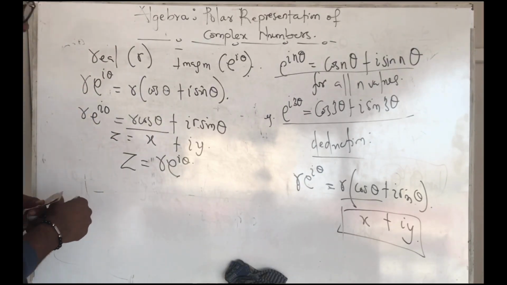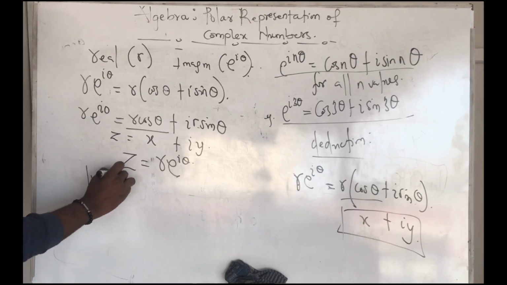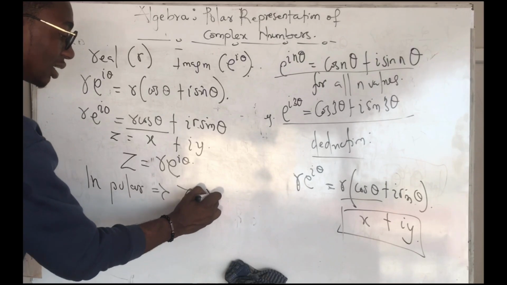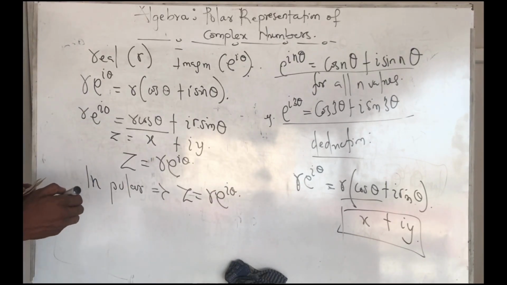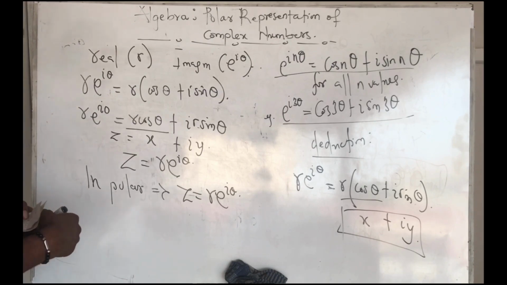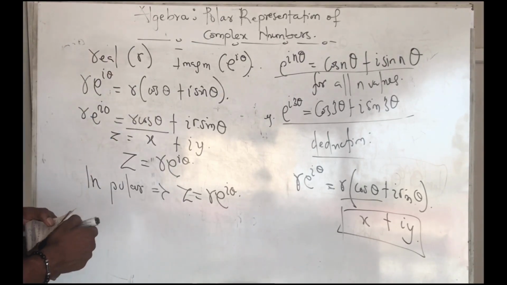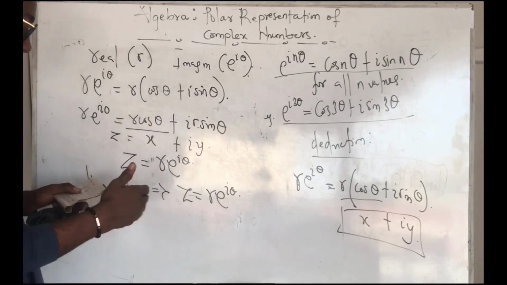So now, in polar form, a complex number is represented as z equals r e to the i theta. When you have it represented this way, you have to identify the modulus and the argument of the complex number.